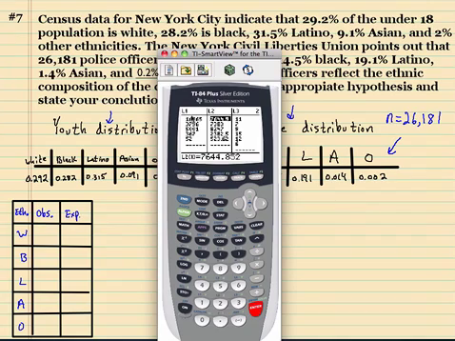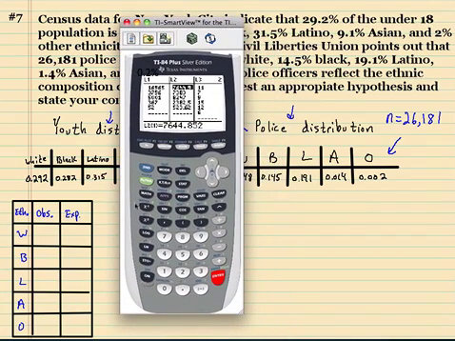Now it's very important. You're going to do the same thing for L1, but I went and changed and took all these decimals out. You cannot have decimals in your observed list. They have to be whole numbers. So I just rounded to the nearest whole, just like before. Okay, so now that I have my list in there, let me go ahead and fill them out. So this is what I observed.